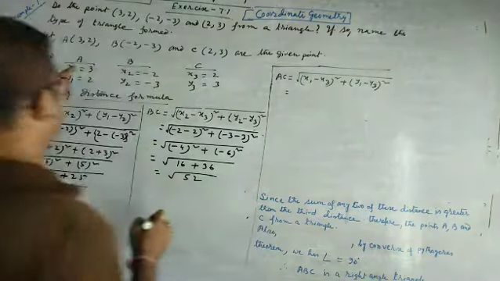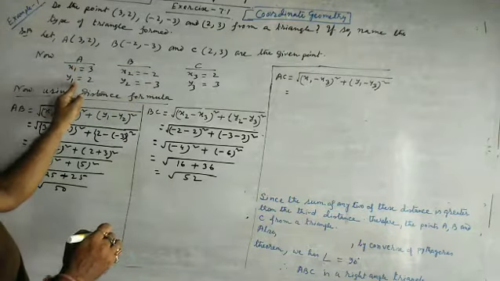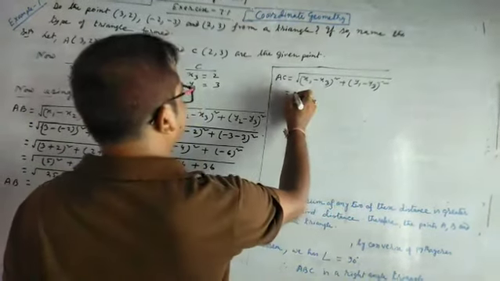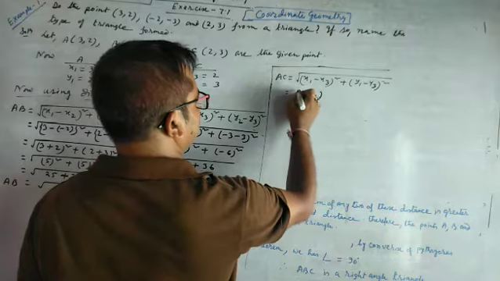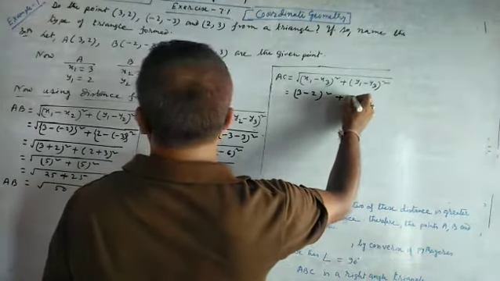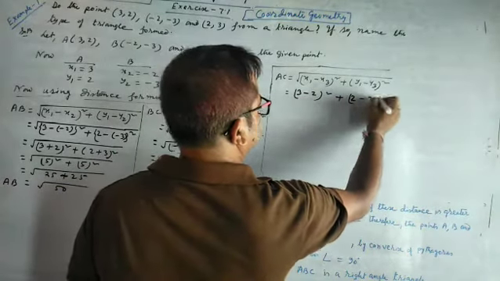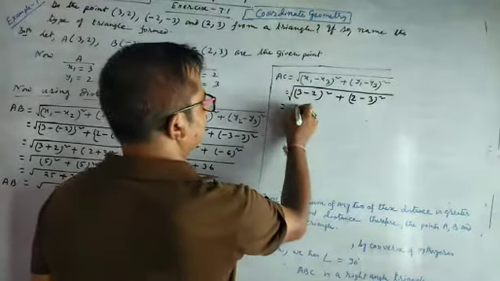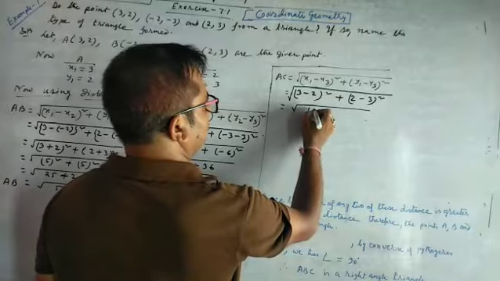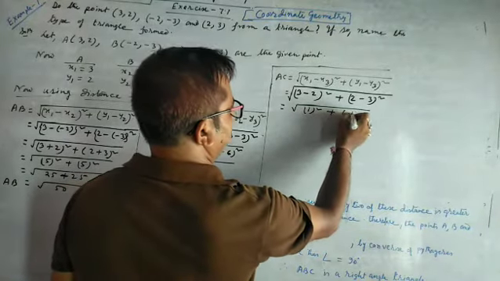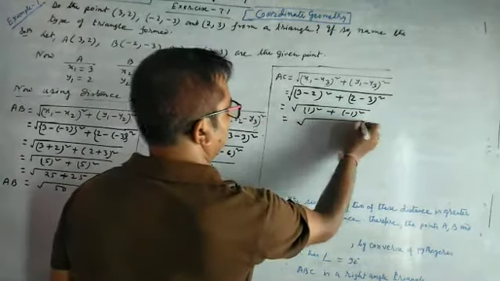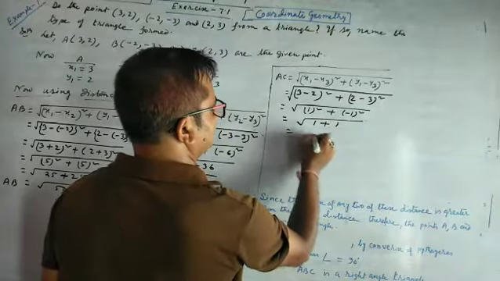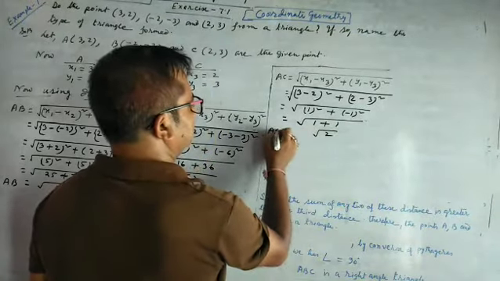Now we find AC, x1 minus x3, y1 minus y3. 3 minus 2 whole square, 2 minus 3 whole square, 1 whole square, minus 1 whole square, 1 plus 1, root 2. AC is root 2.